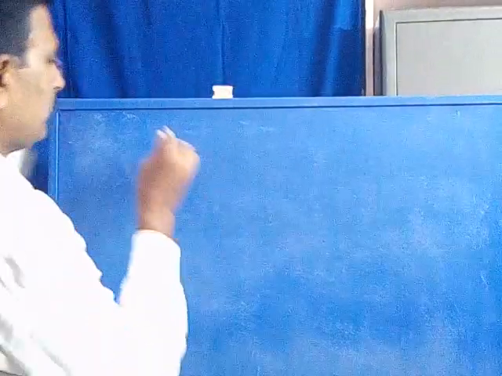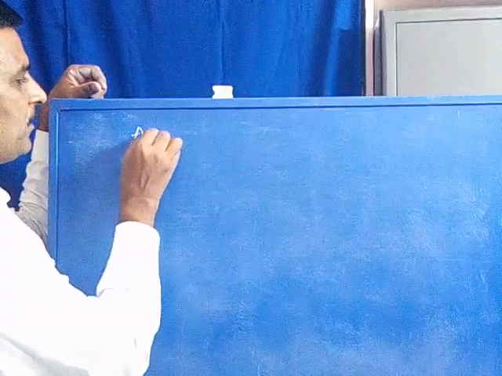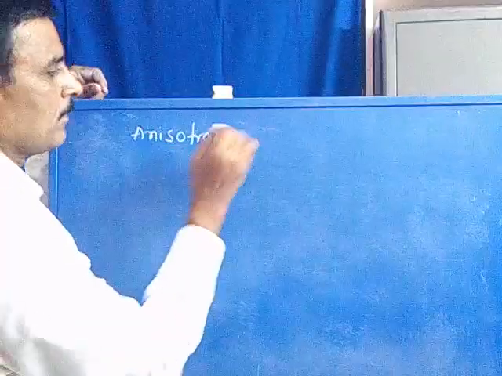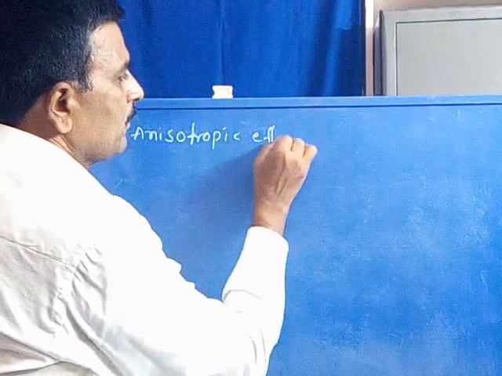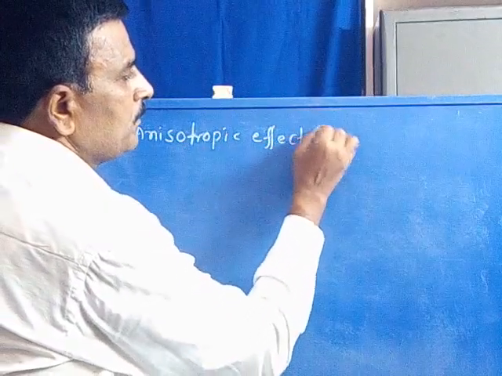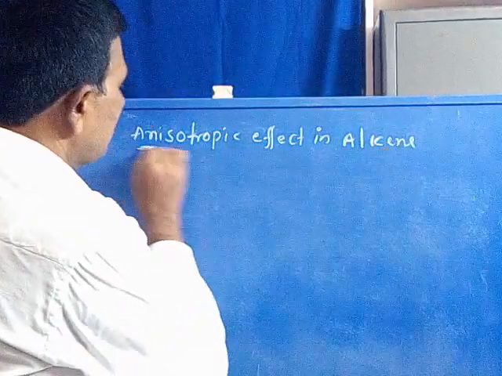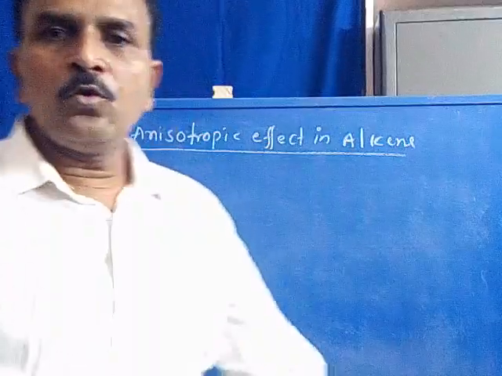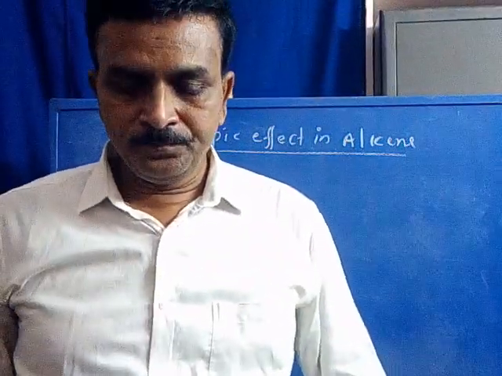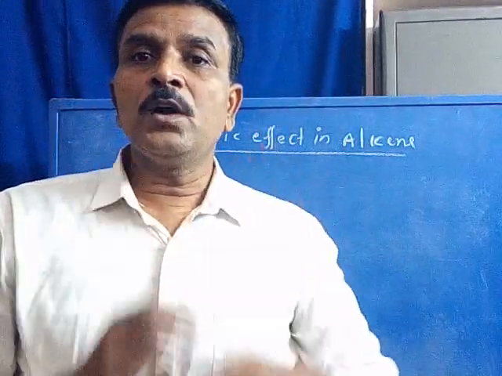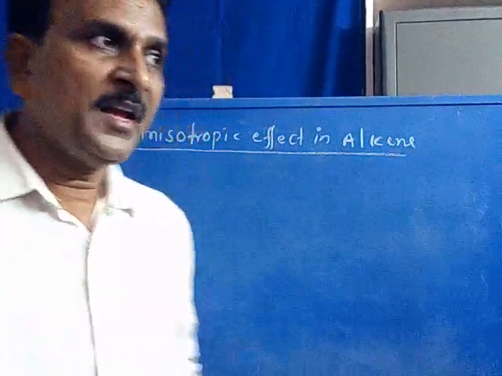First, anisotropic effect in alkene. We know that in an alkene the two carbons are sp2 hybridized.